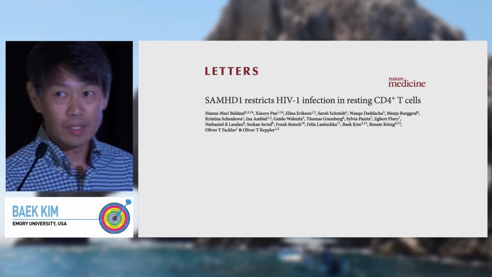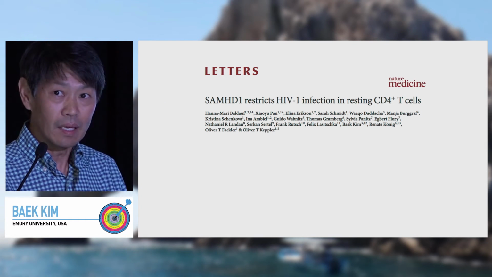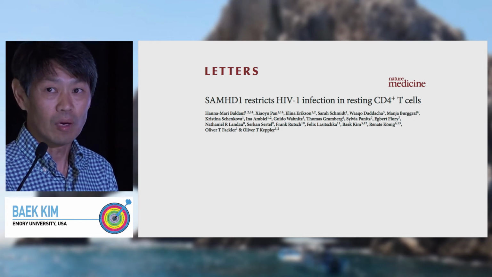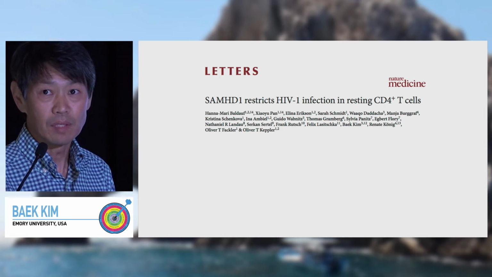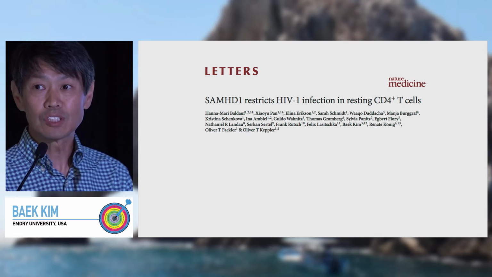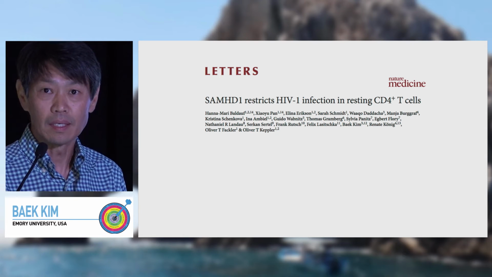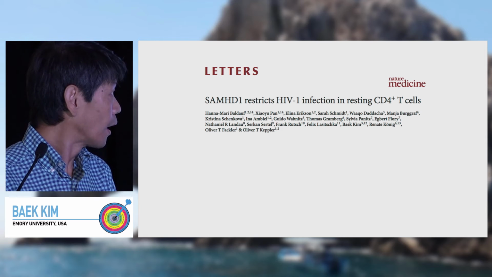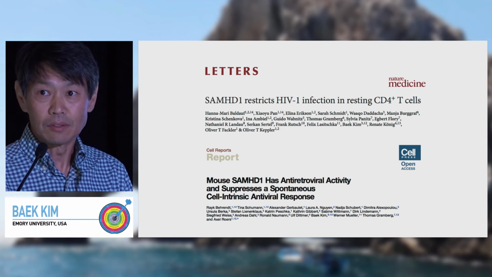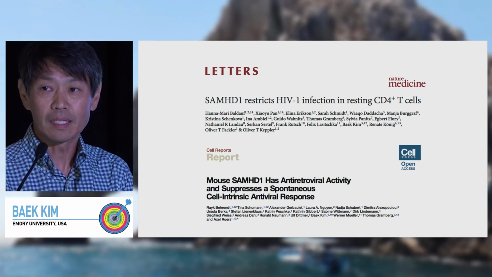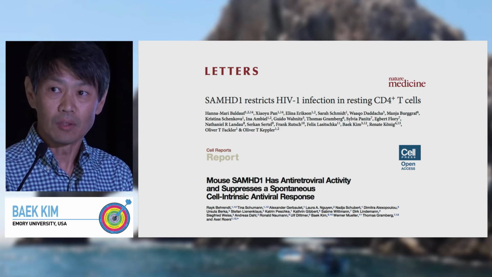I'm going to summarize a few studies we did through very extensive collaboration with many different groups on HIV and SAMHD1. It turns out SAMHD1 also restricts HIV-1 in resting T cells, which is very important for transmission. It also turns out that SAMHD1 has very important antiviral activity in the host.